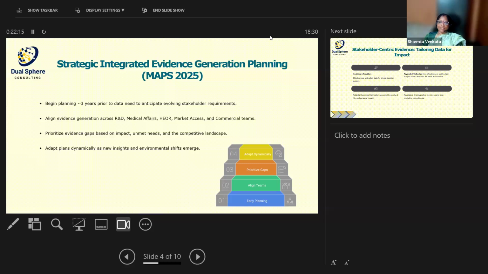Here, evidence generation is not an afterthought, it's something we plan years before we actually need the data. So, the MAPS 2025 framework recommends that we start planning at least 3 years before the evidence will be required.